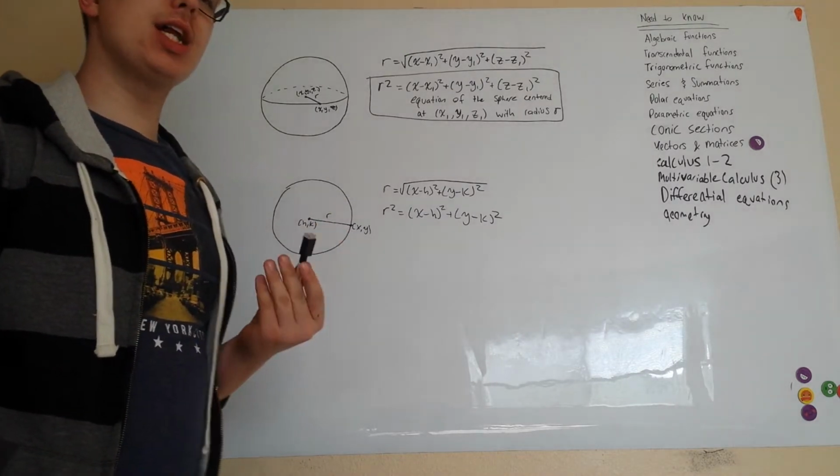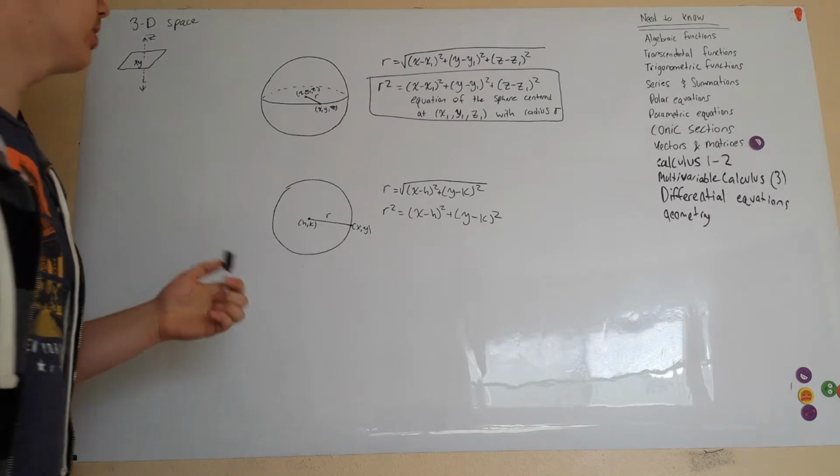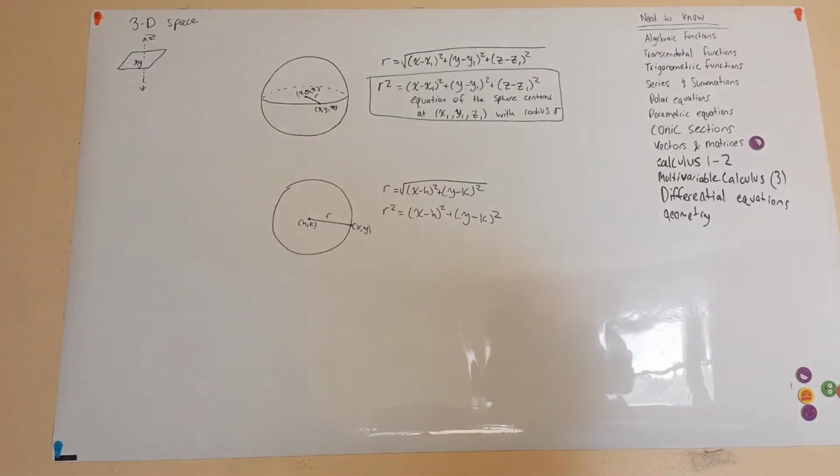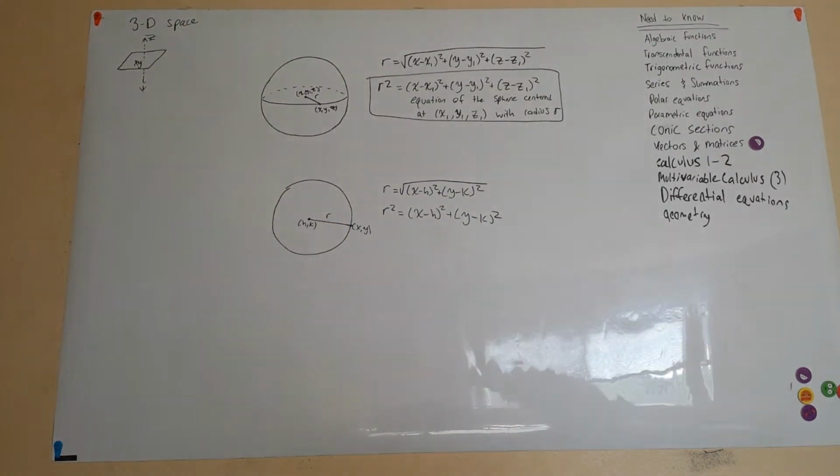And that's kind of it. That's all that we learned in this section on 3D space. The video isn't that long, but I just want to show you there are some problems that will be given.